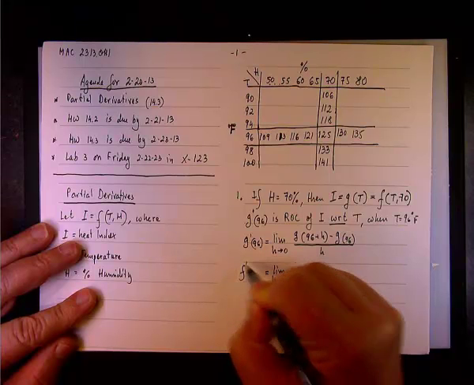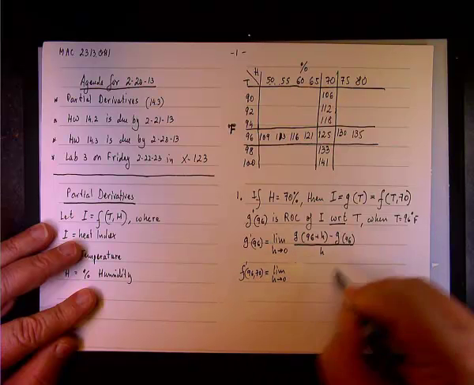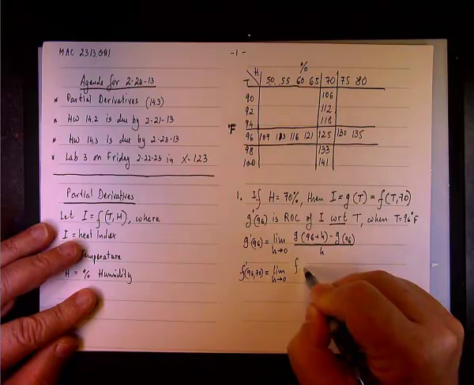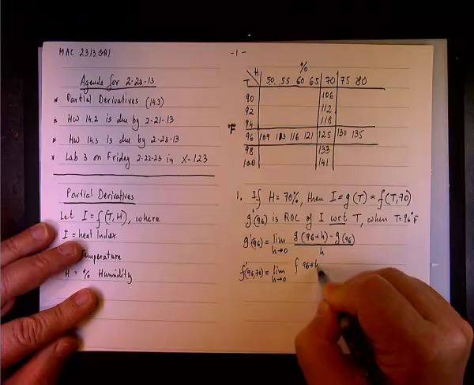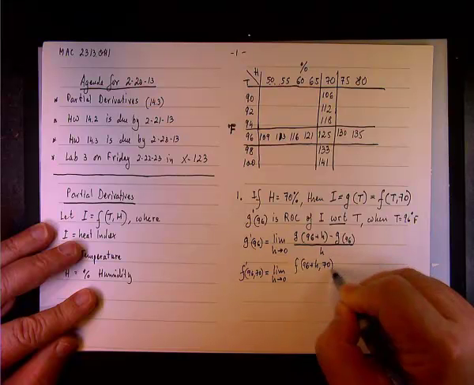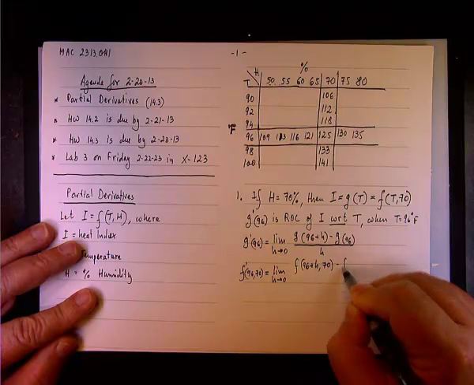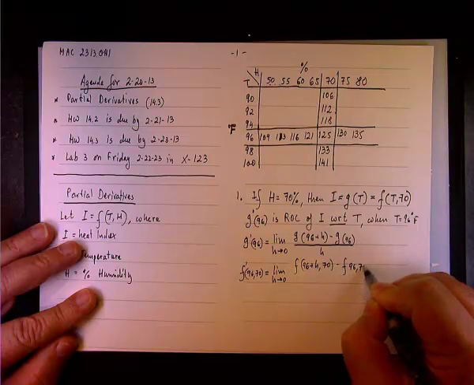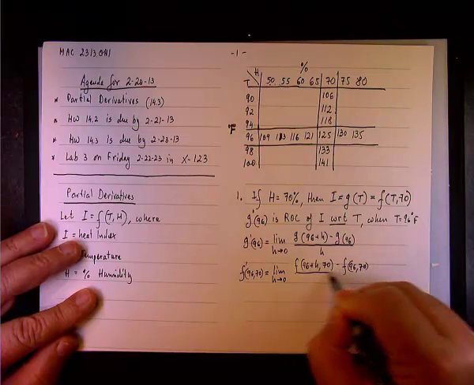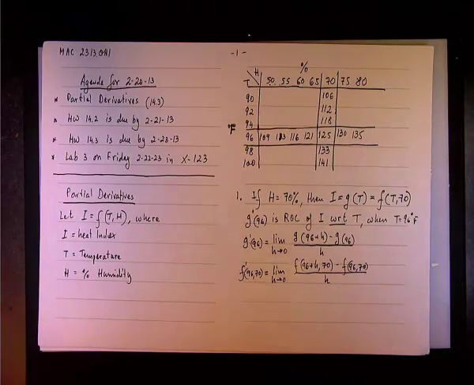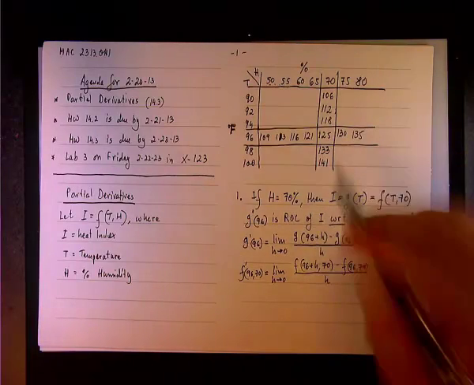Okay, and the moment of hesitation is really to put on the left f of 96 comma 70, like so, equals the limit of f of 96 plus h comma 70 minus f of 96 comma 70 divided by h.